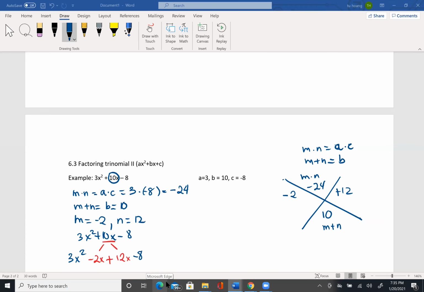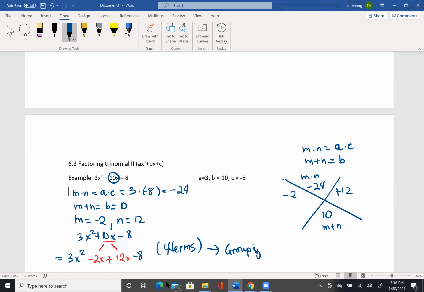All right, so now you have the same value, but instead of 3 terms, we have 4 terms, right? Since you have 4 terms, you will think about factoring by grouping, the grouping method.